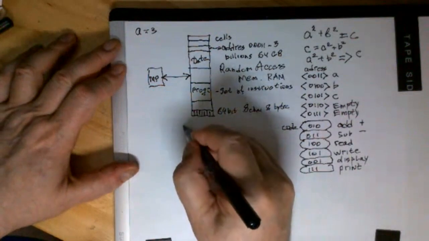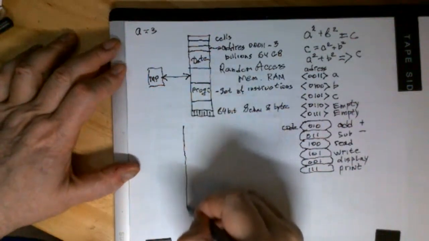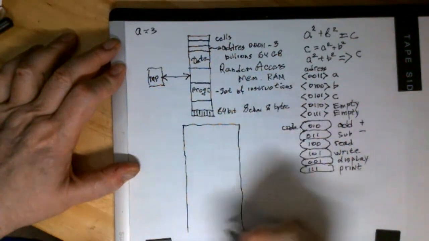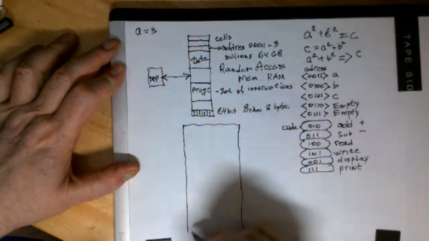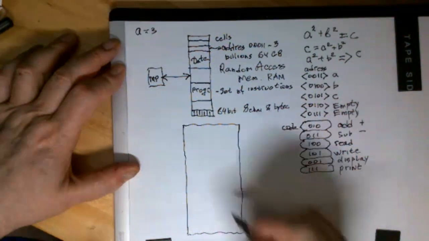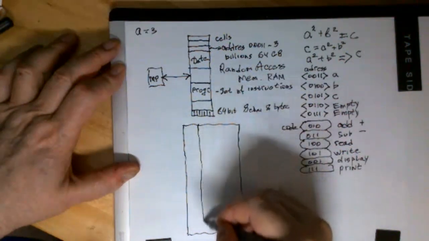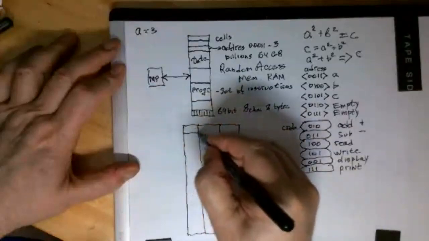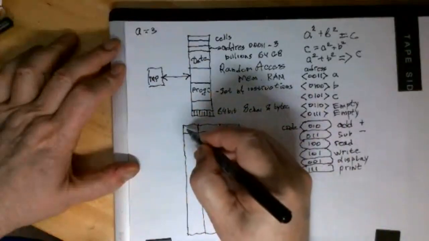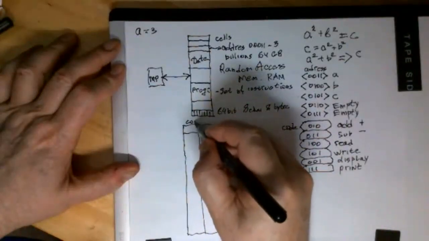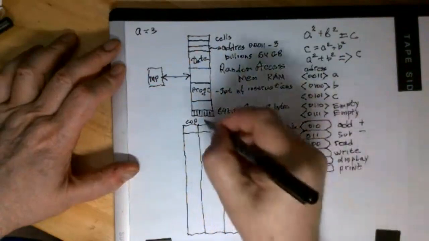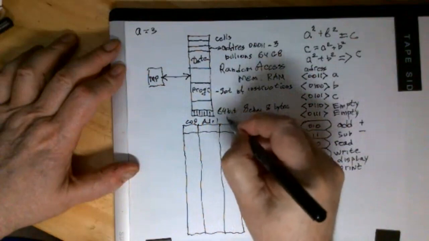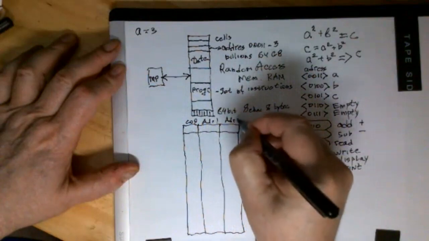So let me make the program like a table. That will be a table with 3 columns. That will be the code of operations, and that will be the address. I'll put COP, code of operations, and this is address 1 and address 2.